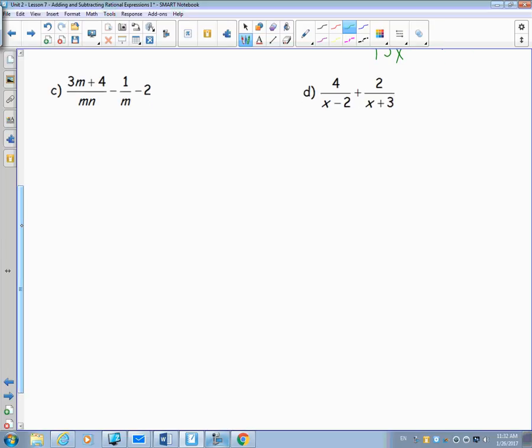All right, common denominator. Now this is over 1. What can I make them all into? Well, I see a letter M, I see a letter N. I can make them all into MNs. How would I do that? Well, I'd have to multiply it, right? The first one's great. It's done. Don't need to worry about that one. The second one, I got to multiply by n.